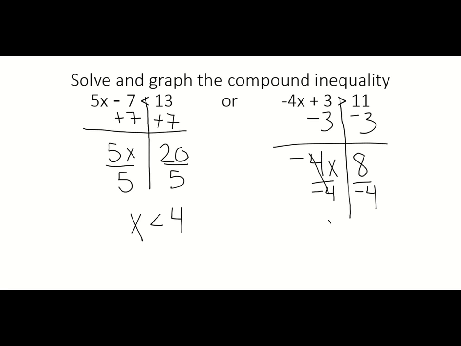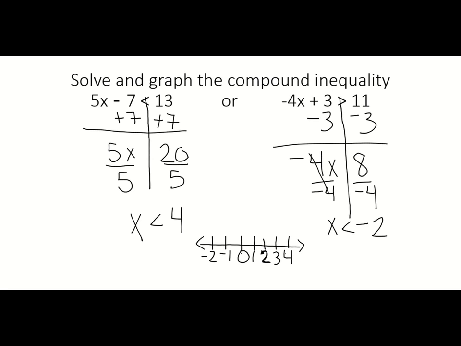So x, 8 divided by negative 4 is negative 2. The golden rule of inequality says anytime you multiply or divide by a negative, you have to flip the inequality symbol. Since we divided by negative 4 on both sides, we need to make this x is less than negative 2. So my two statements are x is less than 4 or x is less than negative 2. My next step would be to graph these two solutions.